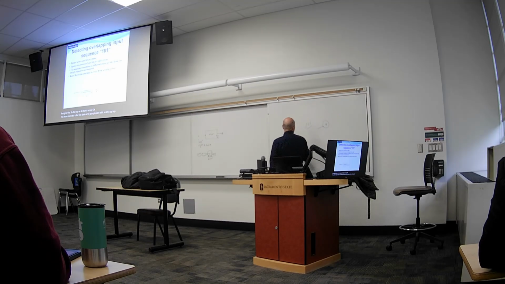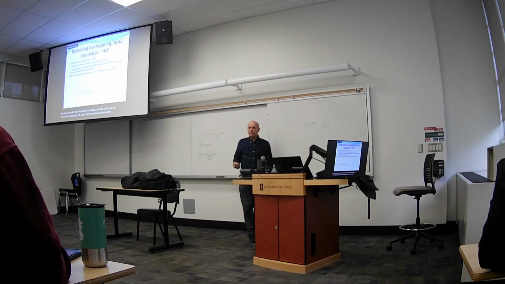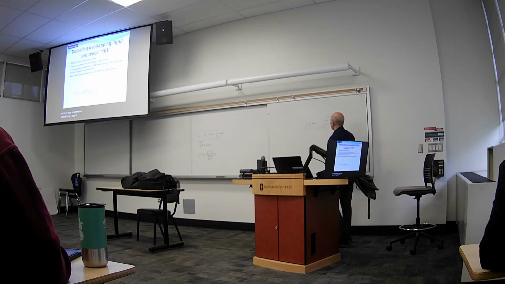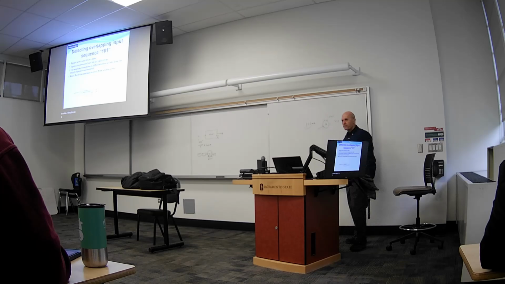And then you can say, okay, what if I get a whole bunch of zeros first? Is that part of the sequence? No. So it's going to ignore that. So let's say X equal to 0, it's going to ignore that. As soon as it gets a 1, it makes a transition to a different state.